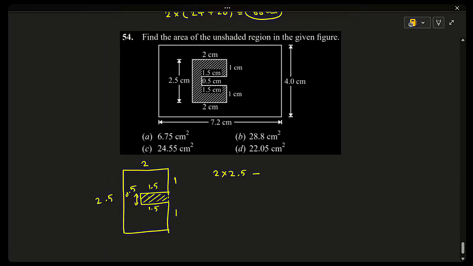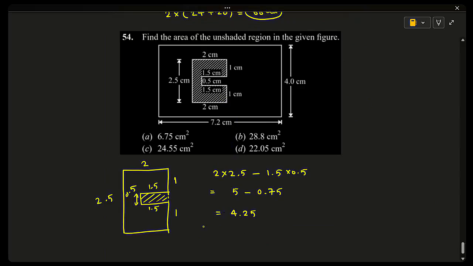From that, we need to subtract the small one. Its area is very simple, 1.5 into 0.5. So 2 into 2.5 is 5, minus 1.5 into 0.5, that is 0.75. So we subtract, we'll get 4.25. So the shaded region area we got is 4.25.